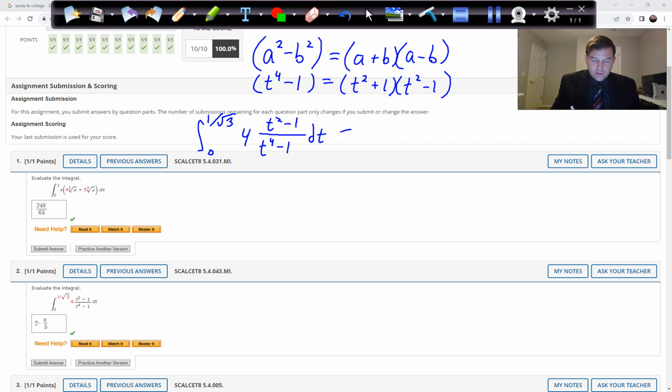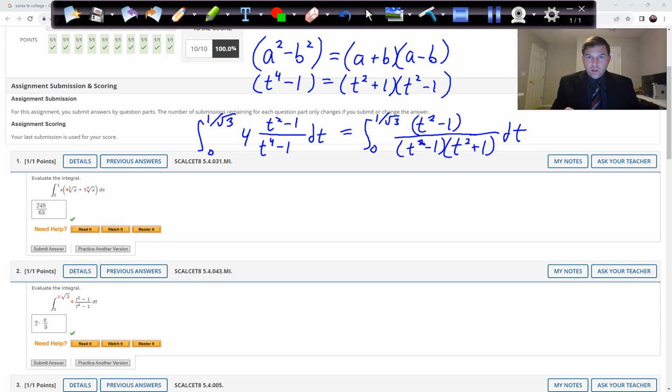So we can rewrite this integral as 0 to 1 over root 3 of t squared minus 1 on top. The bottom can factor into t squared minus 1, t squared plus 1, dt. Now, difference of perfect squares says I could also factor t squared minus 1 into t minus 1, t plus 1, but I don't need to do that because of this t squared minus 1 on the top.